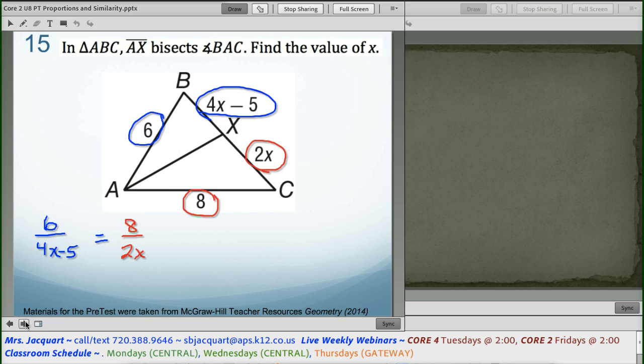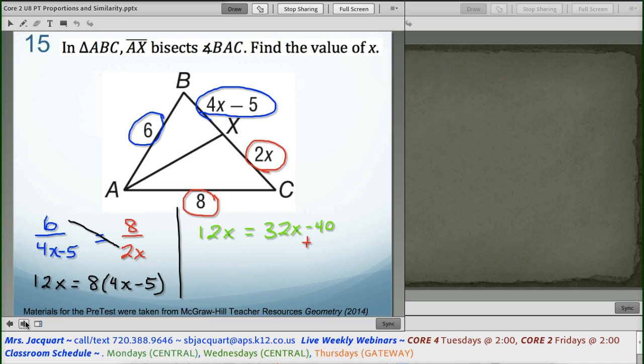Cross multiply. 12x equals 8 times 4x minus 5. Distribute that. So I get 12x equals 32x minus 40. We're going to add 40 to both sides.